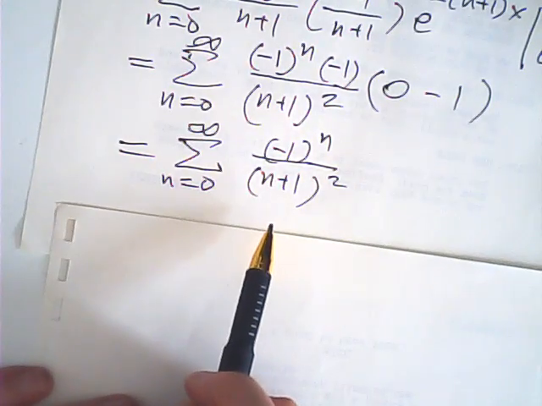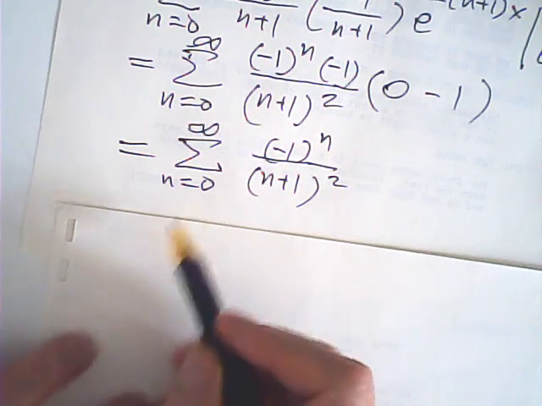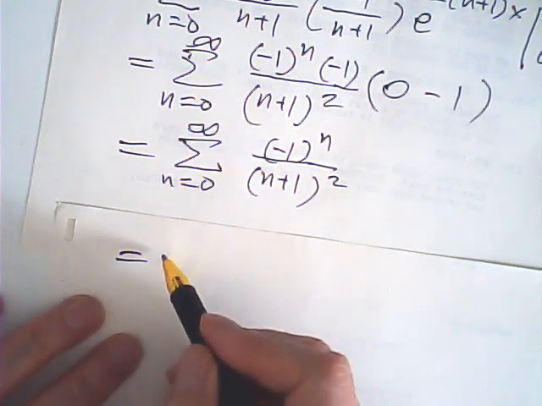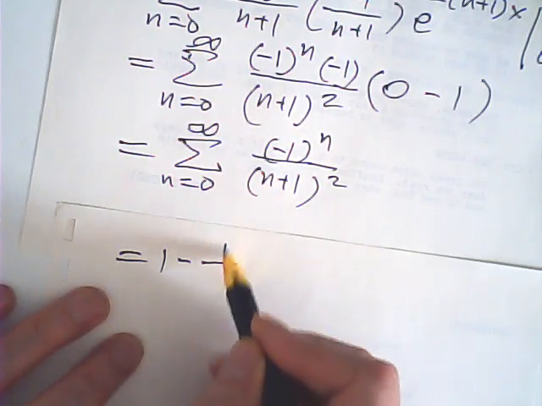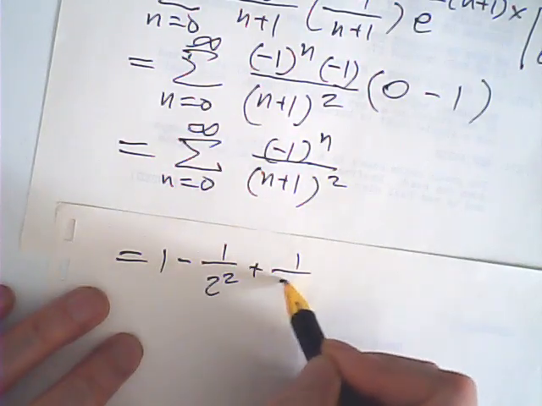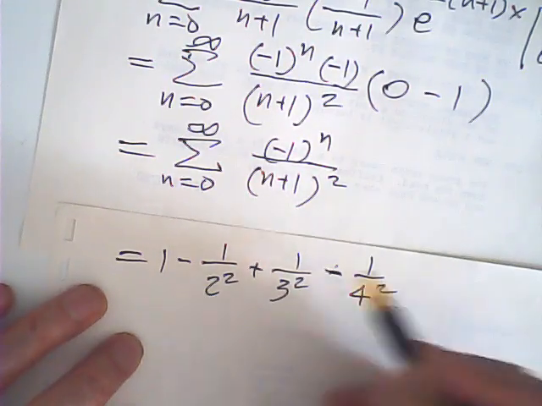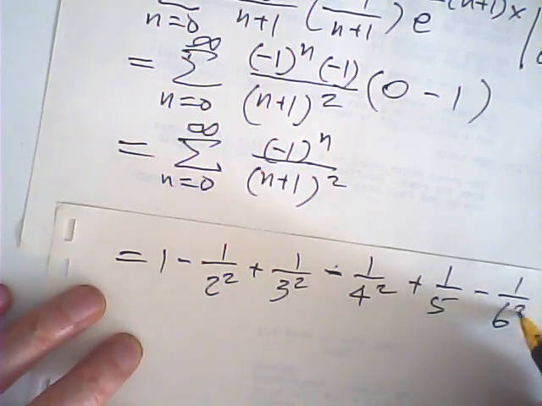This is an alternating series. So this one is equal to 1 over 1 squared minus 1 over 2 squared, right, plus 1 over 3 squared minus 1 over 4 squared plus 1 over 5 squared minus 1 over 6 squared, and so on.